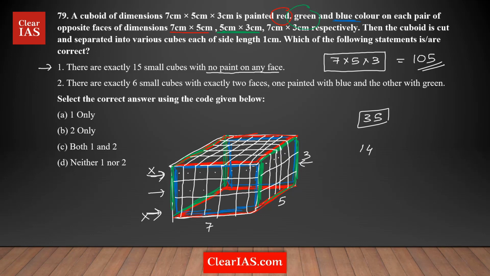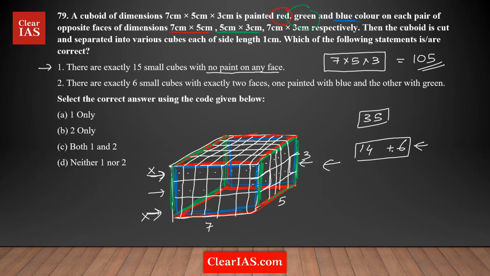And clearly on this side, if I'm taking this side, these two are already counted, because this is the same as this one, right? So you have 1, 2, 3 extra which are painted. Also on the opposite side, there are 3 extra. So 6 more. So out of 35, 20 cubes are painted on at least one of the faces.